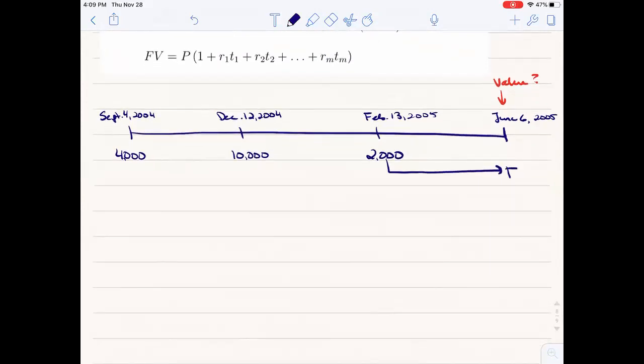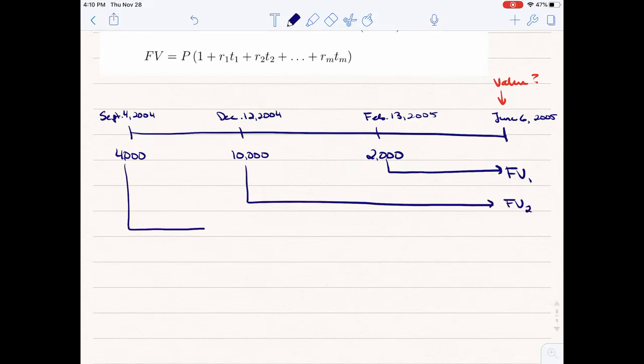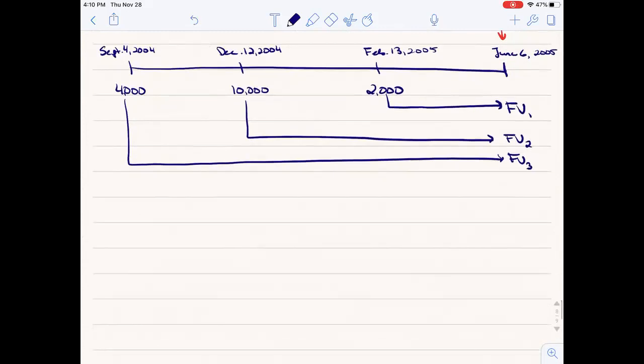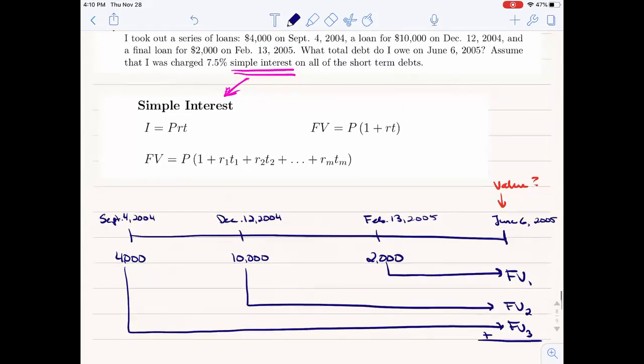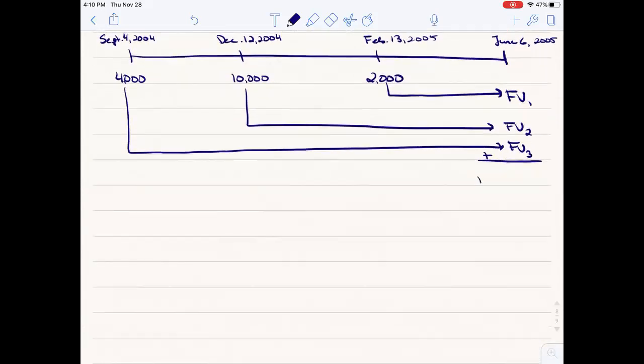So I'm going to call this future value 1. Future value 2. Future value 3. If I add those up, that's the total owing.